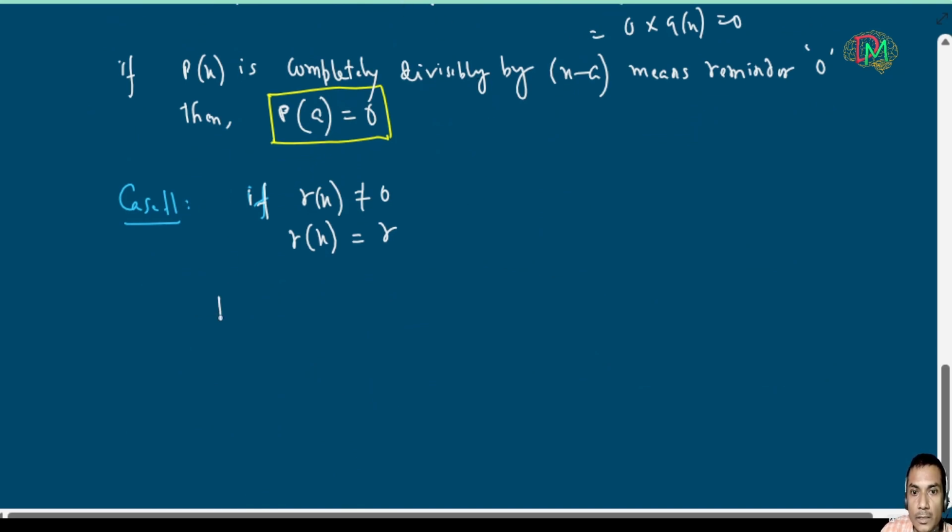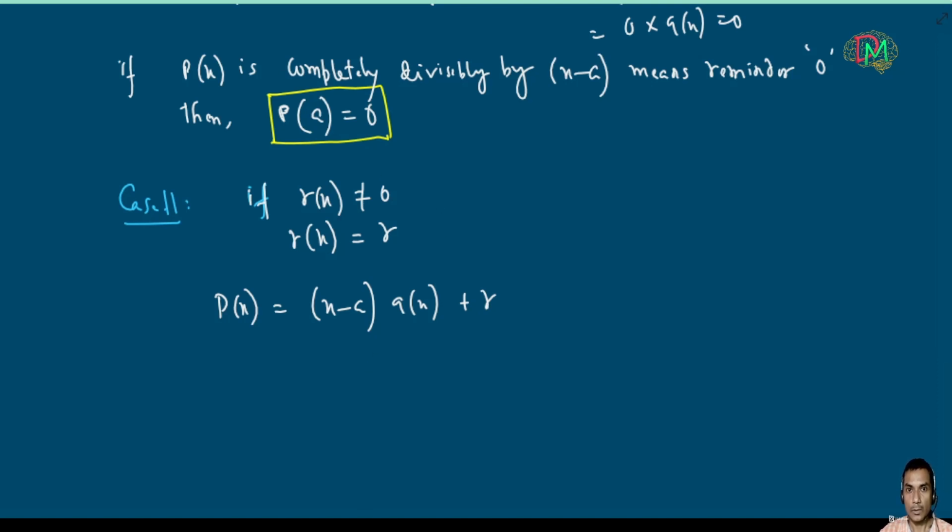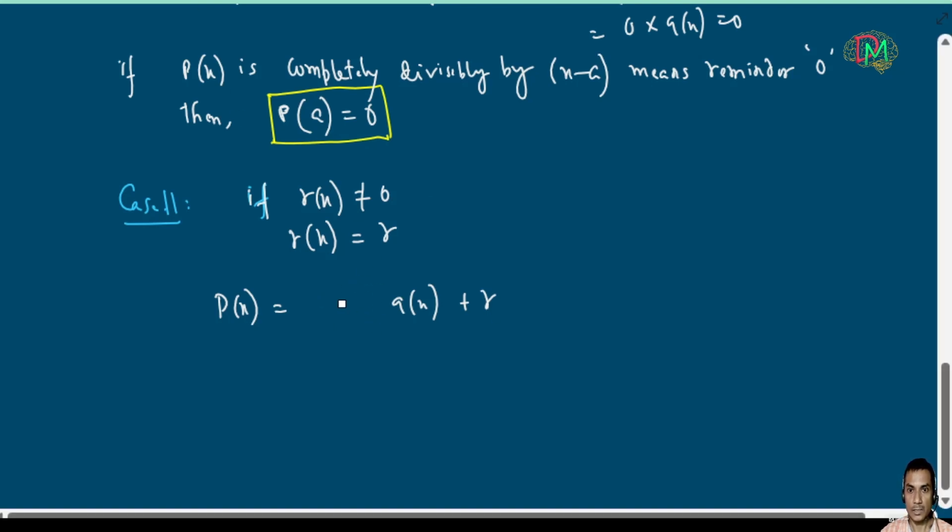It is P(x) equal to (x minus a) Q(x) plus r, because we replace the R(x) with r. Or for your understanding, first we write the general expression, so it will be clear to understand.